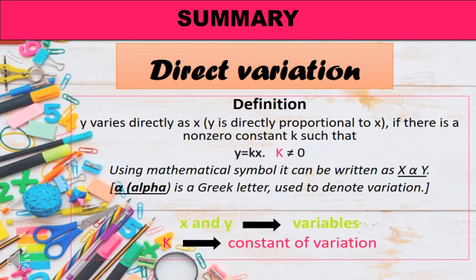Using mathematical symbol, it can be written as x alpha y, where alpha is a Greek letter used to denote variation. So here y is equal to kx and x alpha y are similar equations, where x and y are variables and k is a constant of variation.